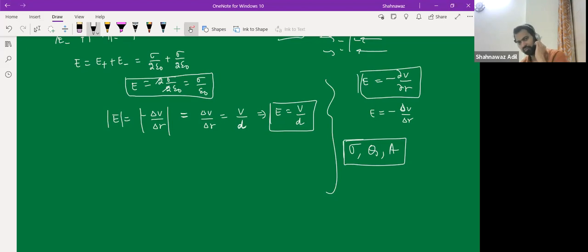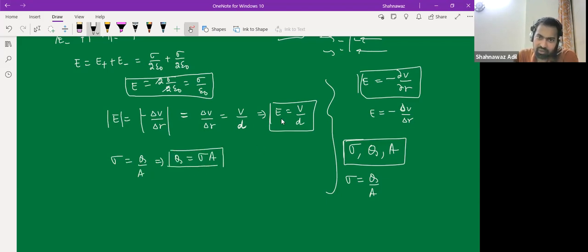When I was talking about the continuous charge distribution. So sigma is Q by A. Okay. So I should write it here. So sigma is Q by A. So Q is sigma into A.